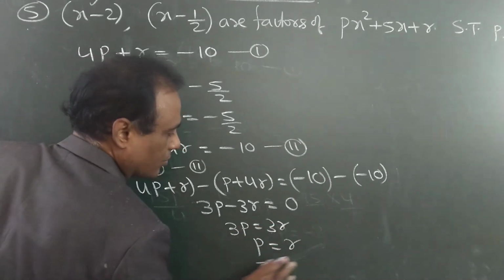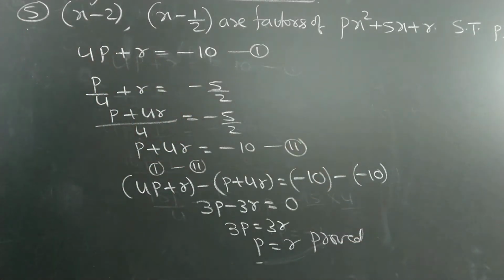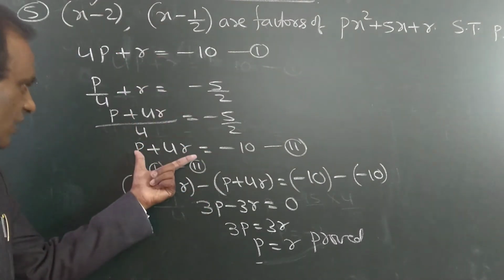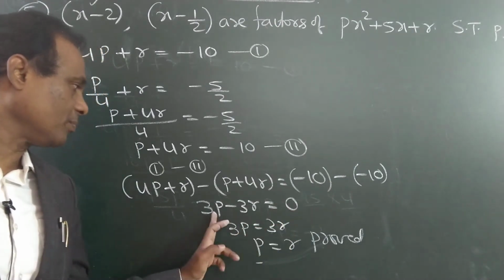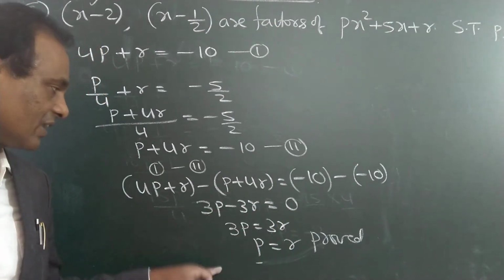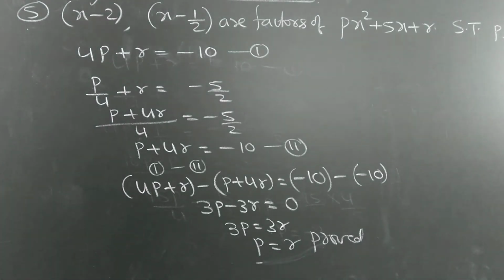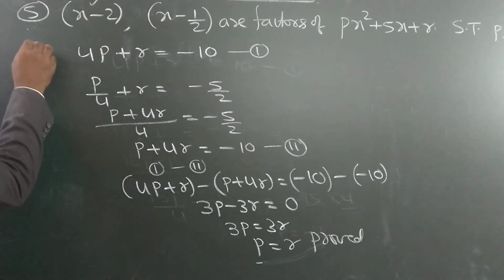Like this also we can prove. Another method without finding P and R values. Second equation if we simplify, this minus this directly 3P minus 3R is equal to right side 0, 3P is equal to 3R, 3 3 cancel, P is equal to R. So you can write directly.